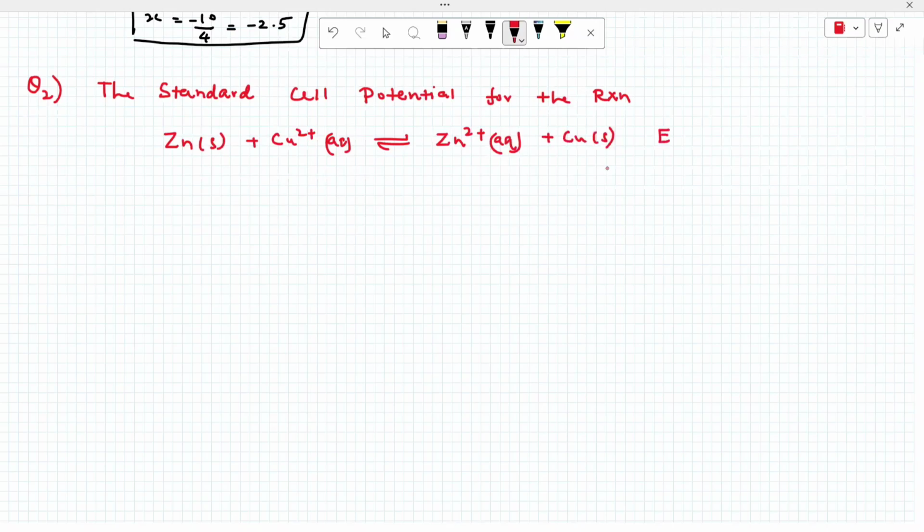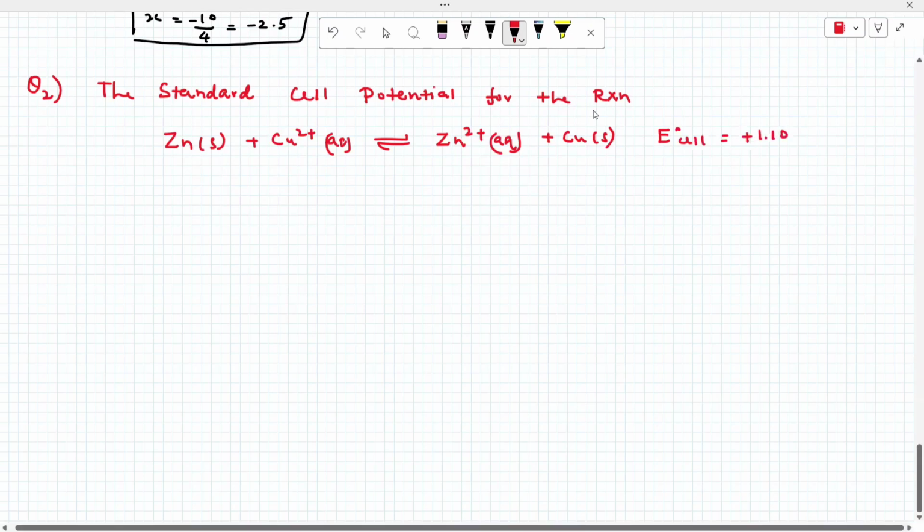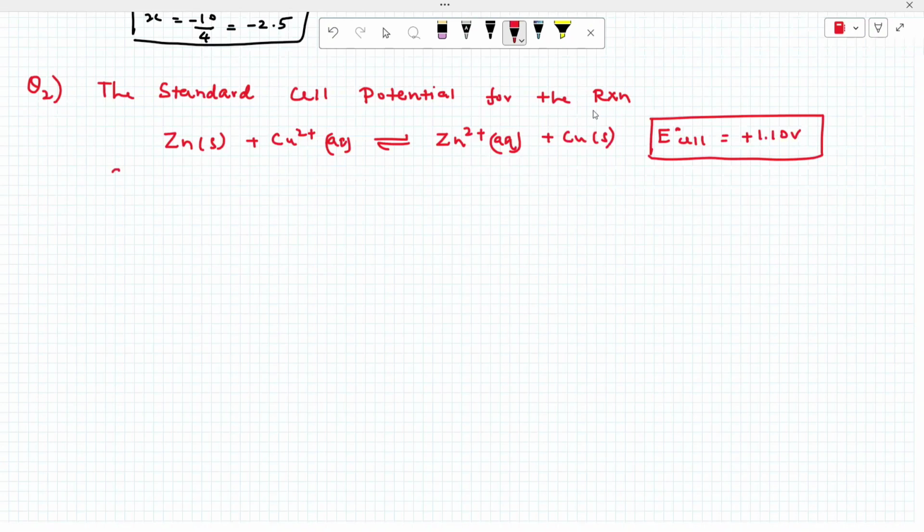What is the E naught value for this reaction? Plus 1.10. This is a galvanic cell, right? Simple. Now calculate delta G in kilojoule per mole.